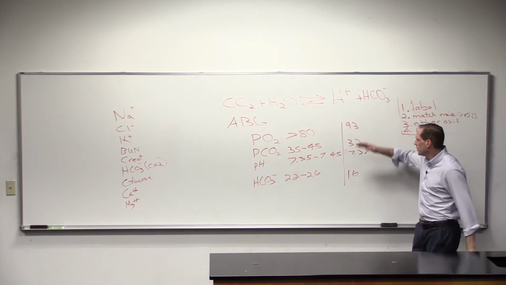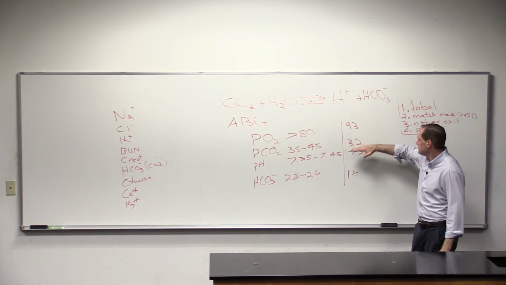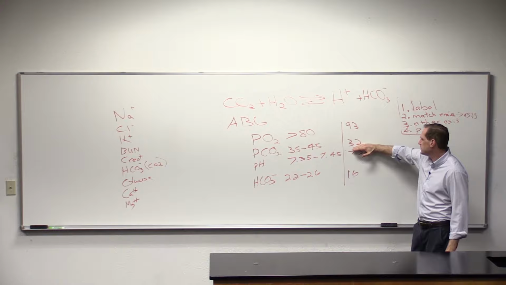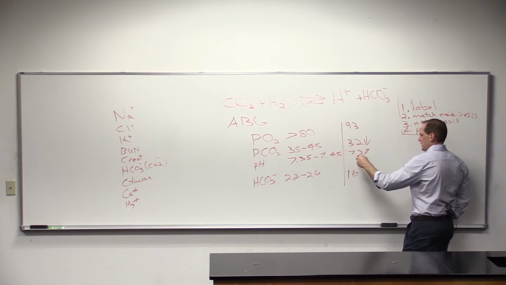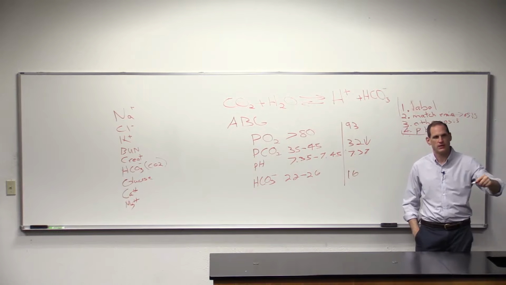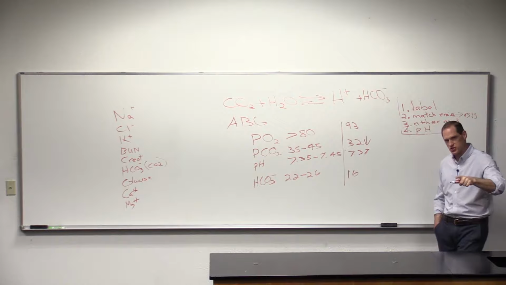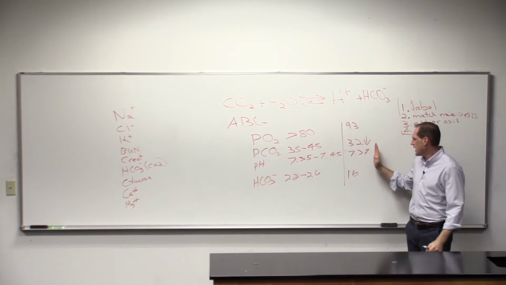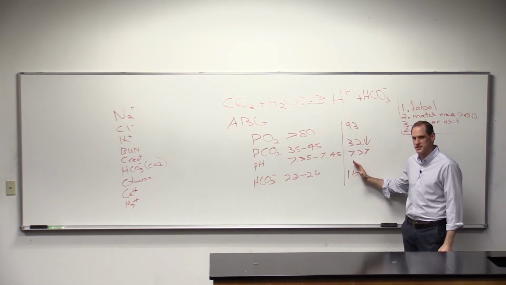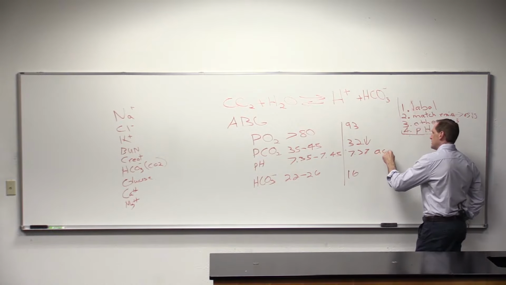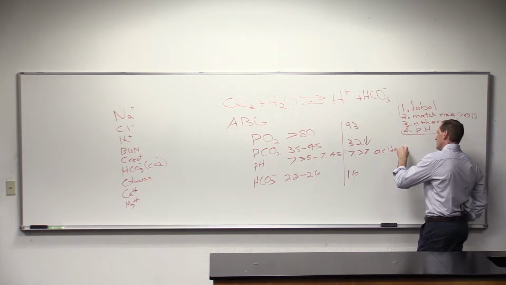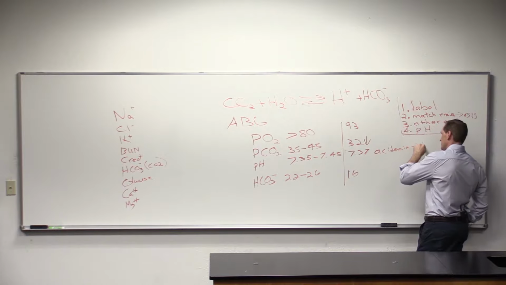Okay, so oxygen level is 93. Our PCO2, carbon dioxide level, is 32, which is low. pH is 7.37. Is that high or low? Well, it's in the normal range, but 7.4 is exactly center, and it's more acidic than that. So that makes us what? Acidemia-ish.